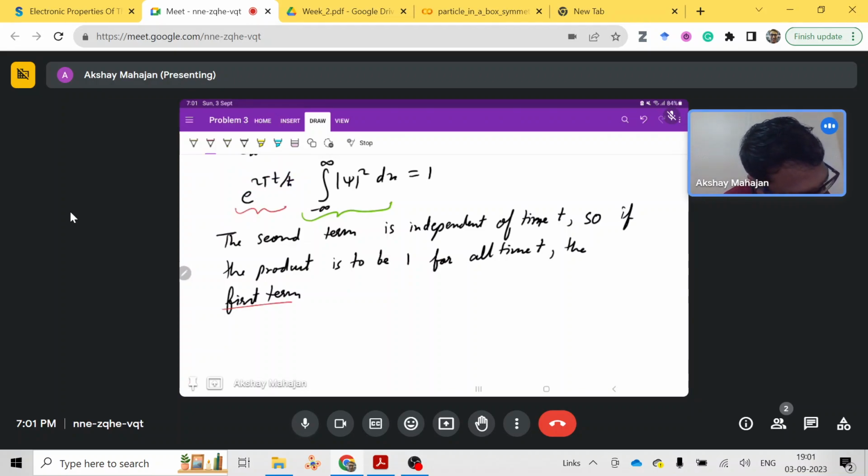So this is the first term, the red one, and that's the second term, underlined in green. The first term must also be constant with respect to t.